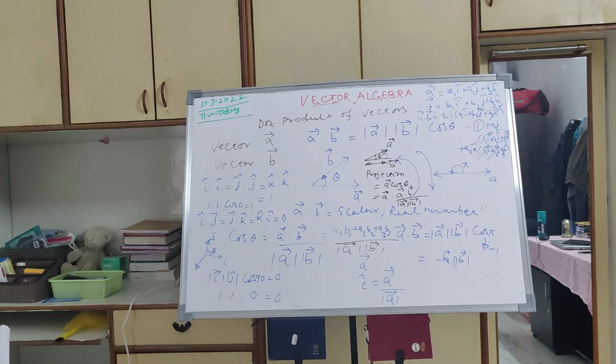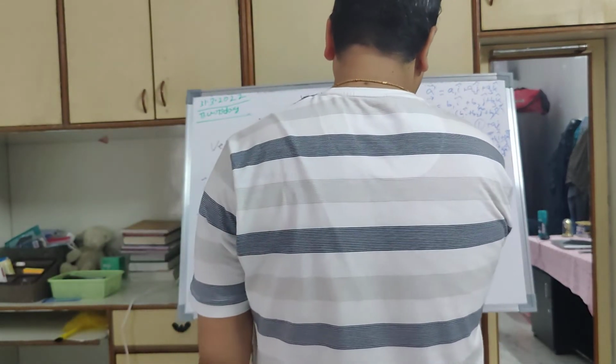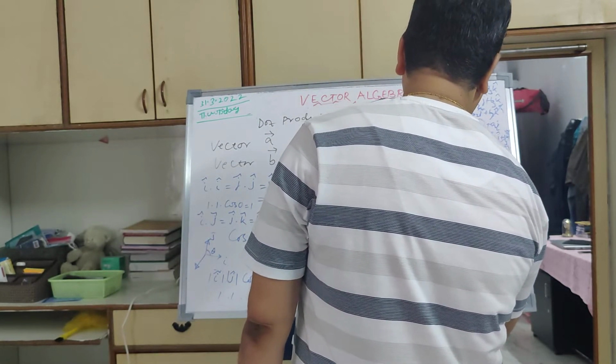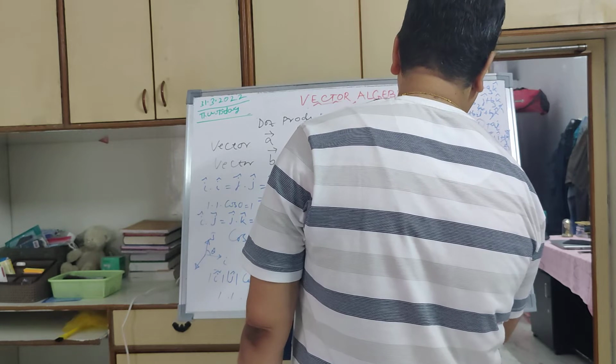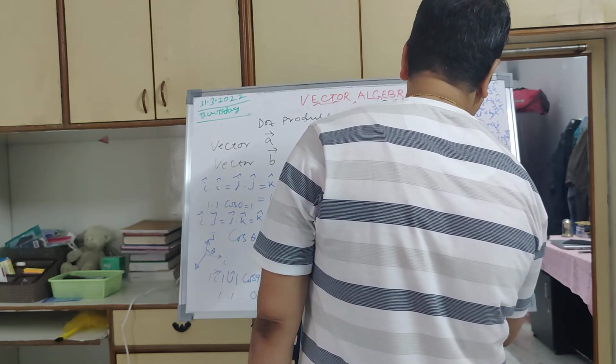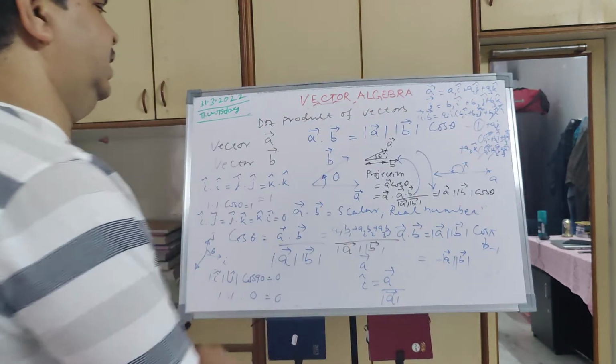There A dot B is equal to magnitude of A, magnitude of B cos theta. So A cos theta is A dot B by magnitude of B.